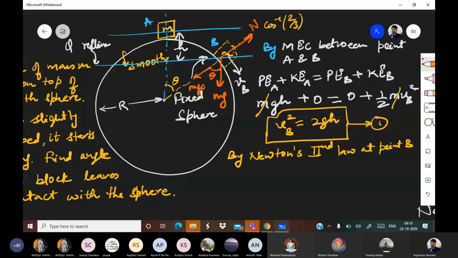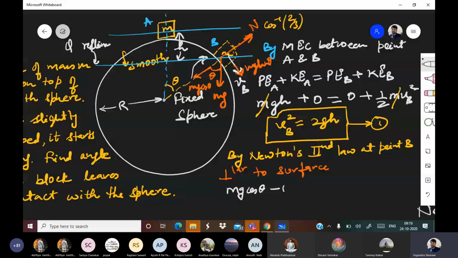So perpendicular to surface, what I can write is, pay attention everyone. Towards center is mg cos theta. So mg cos theta is towards the center, minus N because N is outside.